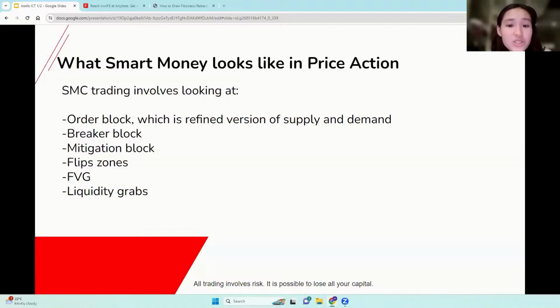This is what is traditionally called your support and resistance flip zones. And then your FVGs, which are imbalances in the market, when demand outpaces supply or vice versa. And lastly, your liquidity gaps, which we went through before, are basically the areas in which there is a support level or a resistance level.